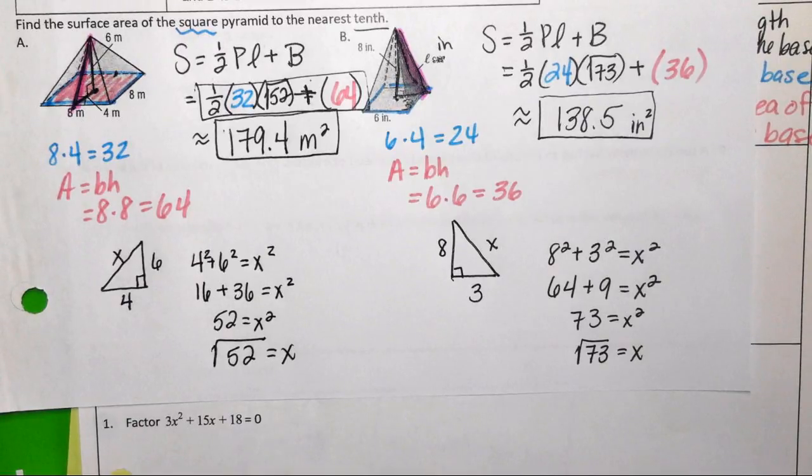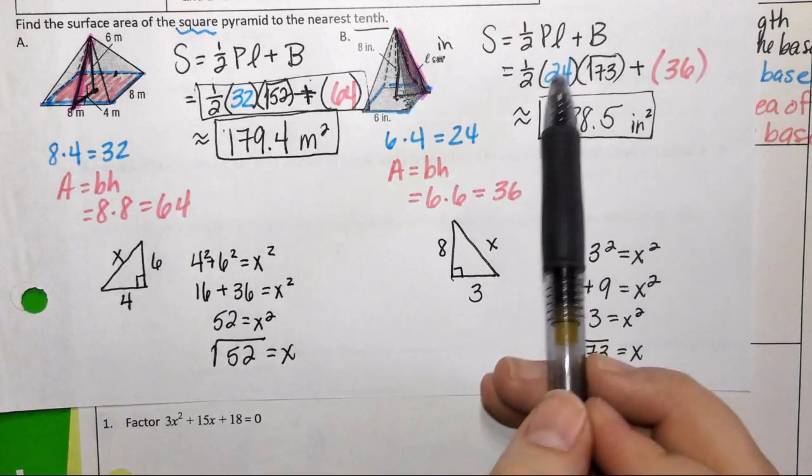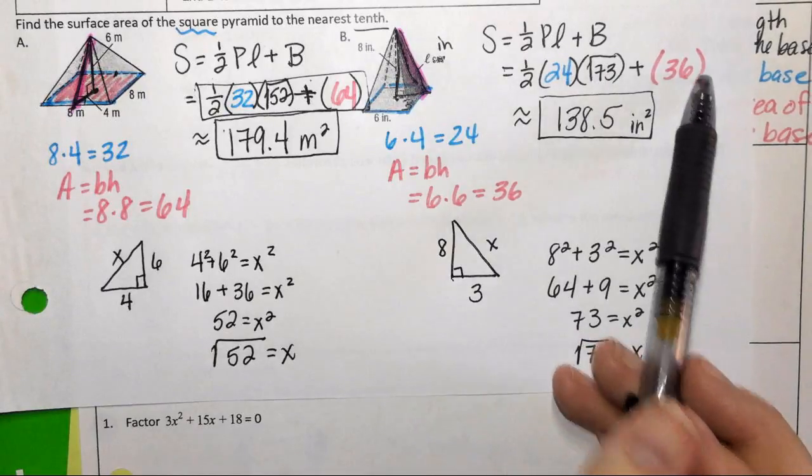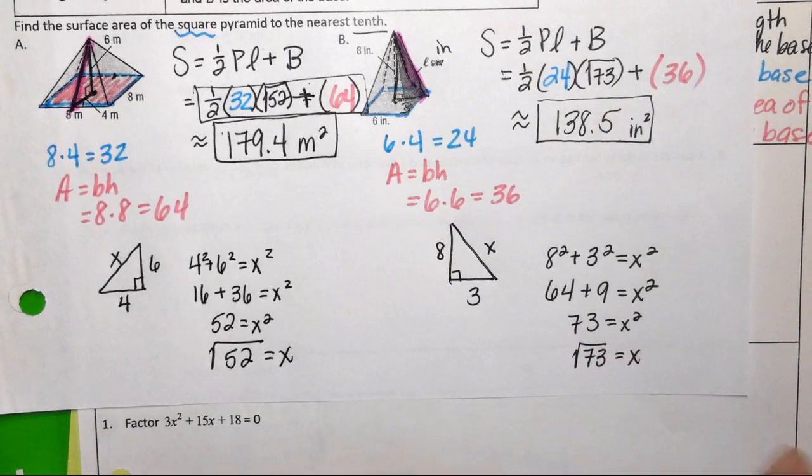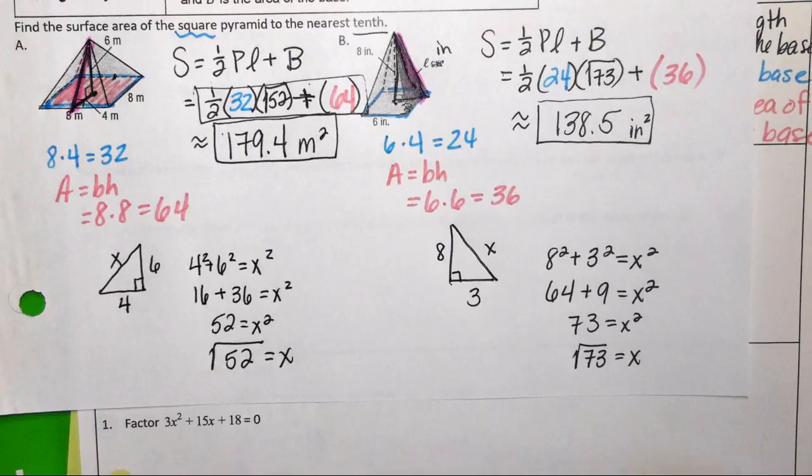Now, he doesn't want to make the same mistake he made on that 11.1 and 11.2 quiz and not show any work and pull 138.5 out of thin air, because what if he pulls the wrong number out of thin air? He's got to show me what went on in his brain to find that perimeter, to find that slanted height, to find that base. Are there any questions about the pyramids?